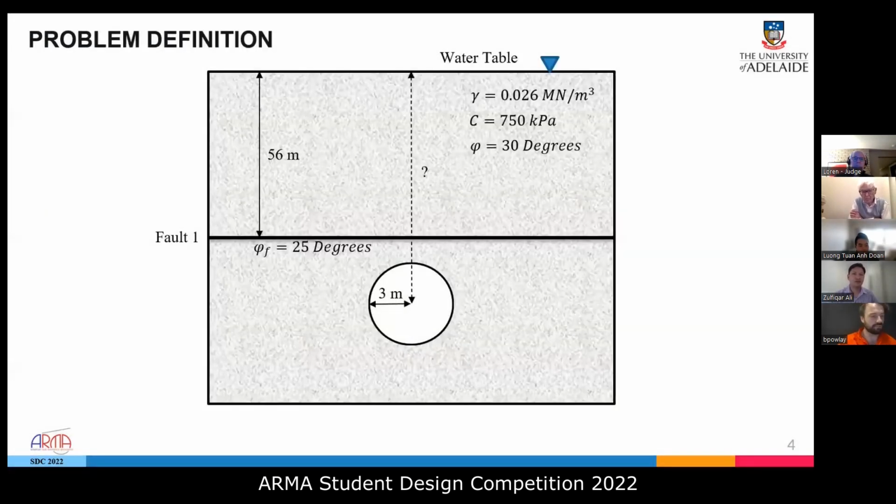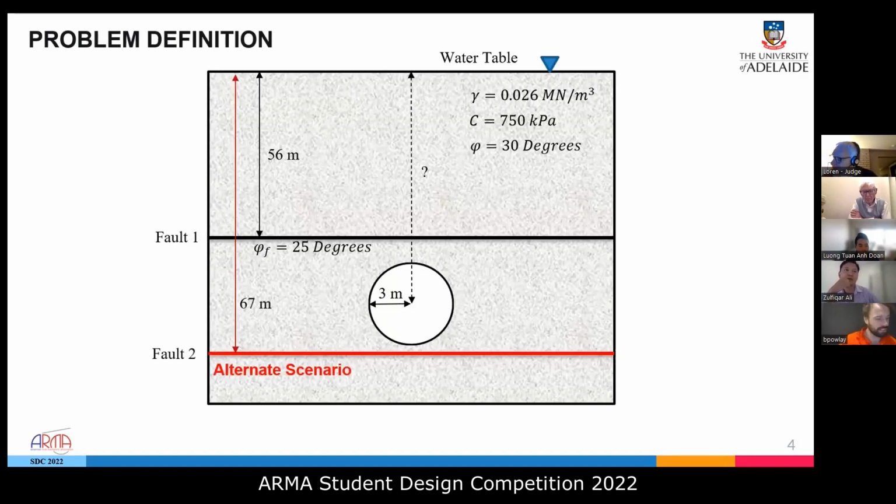This is our problem definition. As illustrated, we've been tasked with exploring a 3-meter radius tunnel excavated at least 60 meters below ground level, although we were able to put it deeper. The material is represented by the Mohr-Coulomb failure criteria with 2 faults present, with scenario 1 having just the upper fault, and scenario 2 bringing in a lower fault.